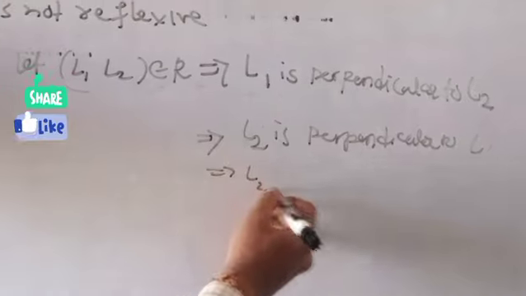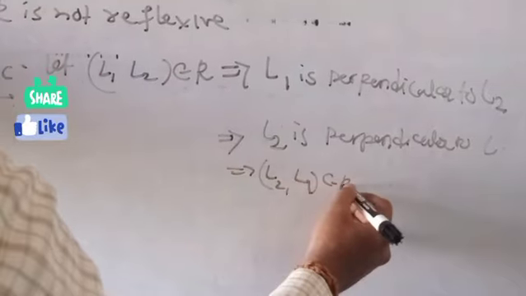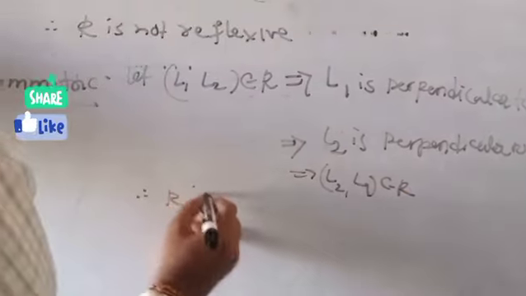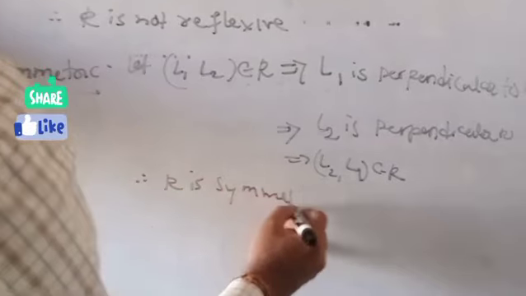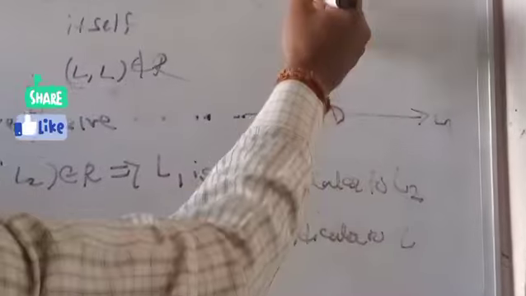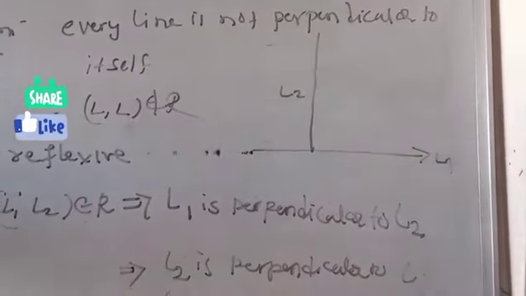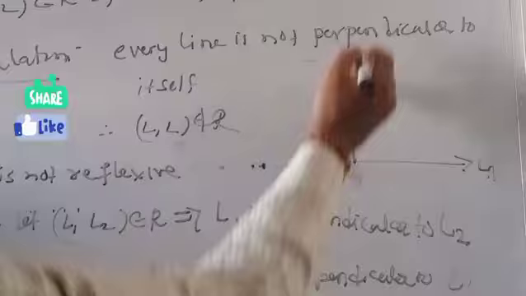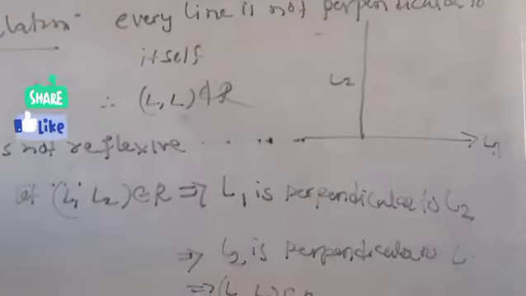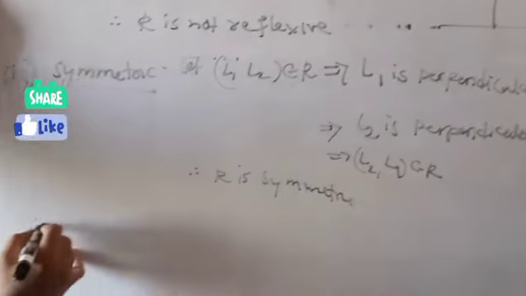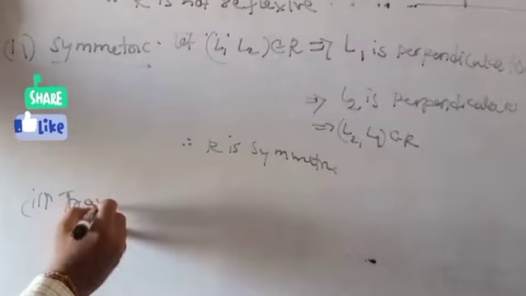Therefore, (L2, L1) belongs to R. Therefore, R is symmetric. For example, this is L1 and this is L2. L1 is perpendicular to L2 and L2 is also perpendicular to L1. Therefore, R is symmetric.